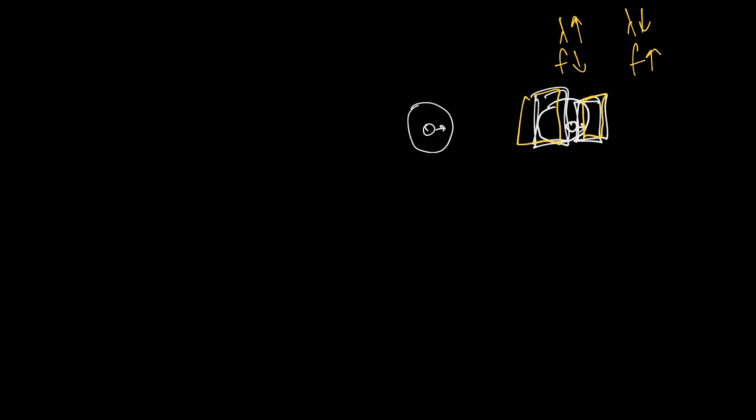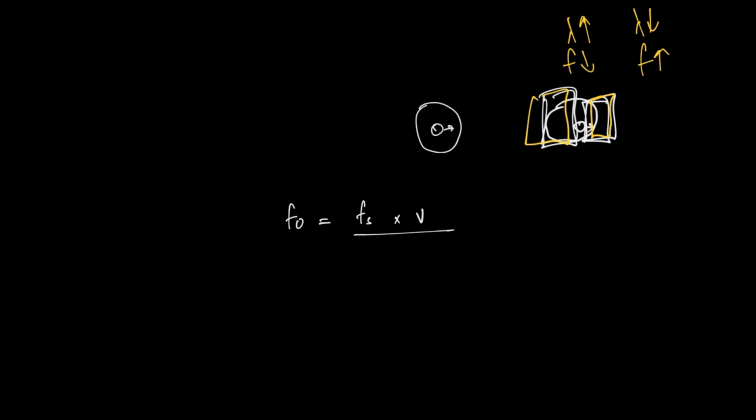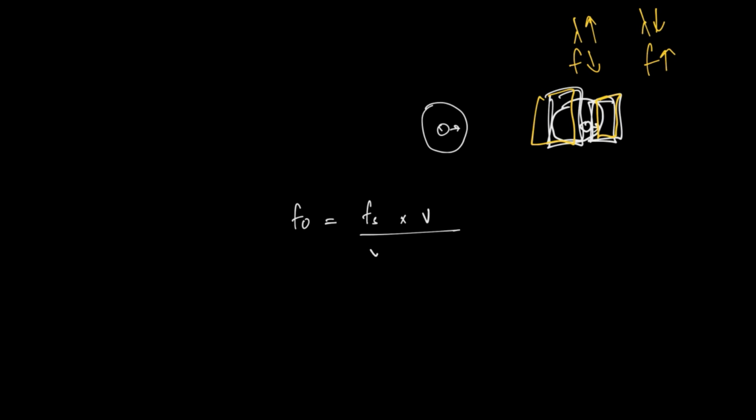So the general formula of Doppler effect is: frequency observed equals the frequency of the source times the velocity divided by velocity, and this v and this v represent the same velocity, that is the velocity of the wave, whether it's a light wave or a sound wave, then plus or minus the velocity of the source.